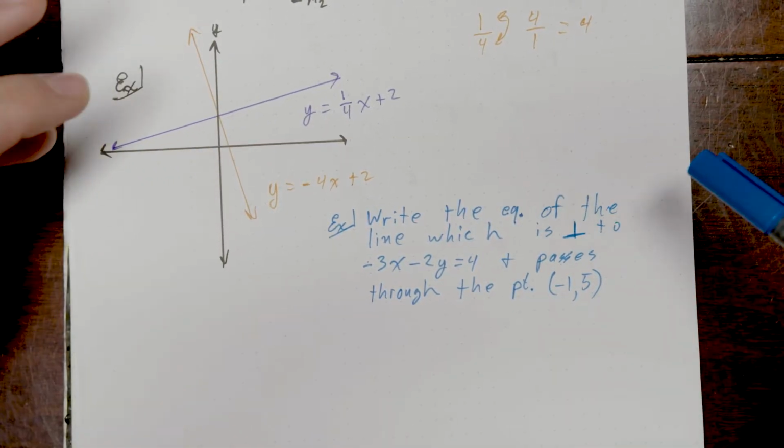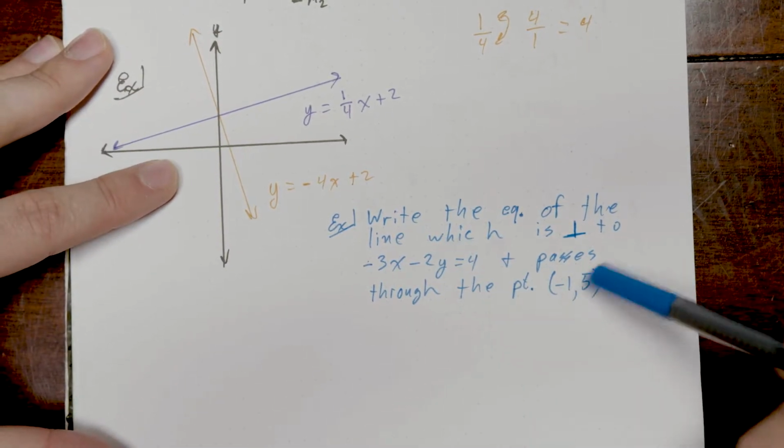Okay, so we want a line that is perpendicular to this line and it passes through that point.